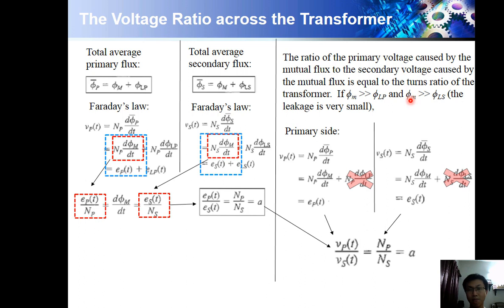If this is very big and this is very small, for example this may be 1000 and this is 0.001, this may be 1000 and this is 0.001, so this can be omitted. Then I can put VP equals EP, VS equals ES. Then I use this equation: VP divided by VS equals NP divided by NS, which equals a.